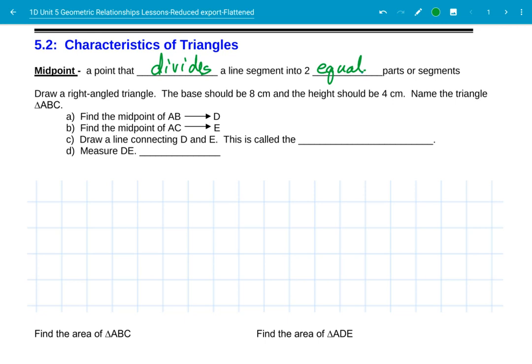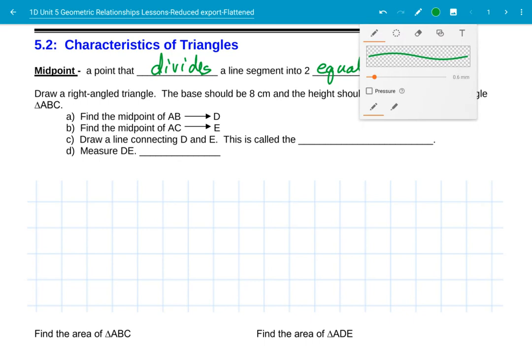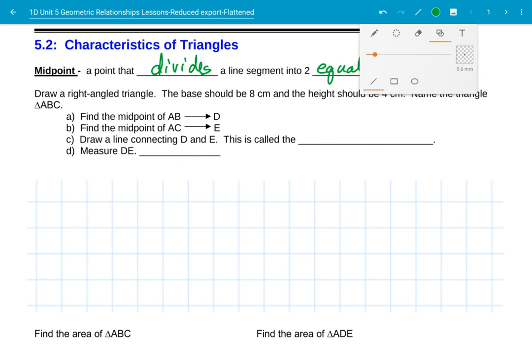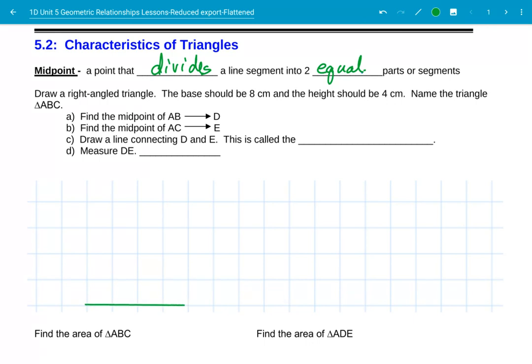All right, now you need a ruler. Hopefully you have one. Draw a right angled triangle. The base should be 8 centimeters and the height should be 4 centimeters. So the bottom's 8. So we'll start here: 2, 4, 6, 8 centimeters. And the height should be 4 centimeters: 2, 3, 4.